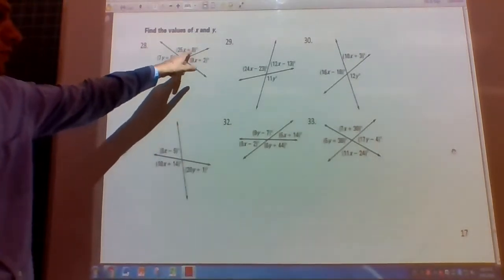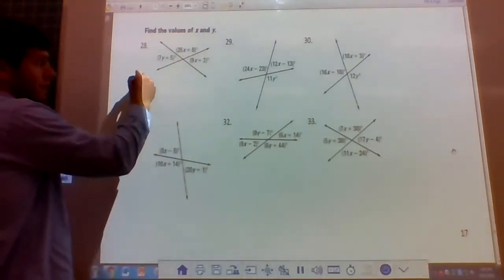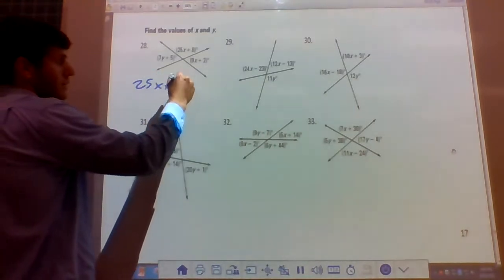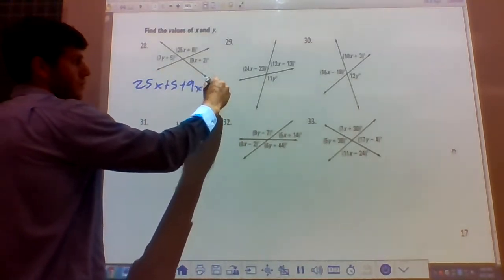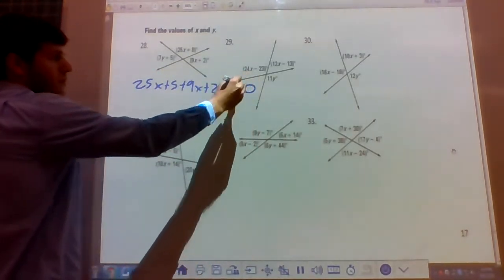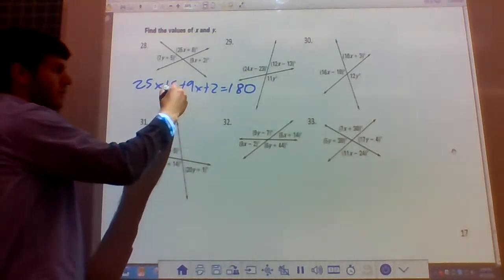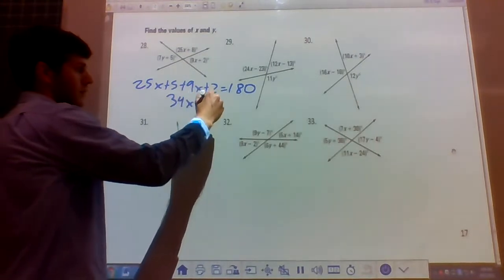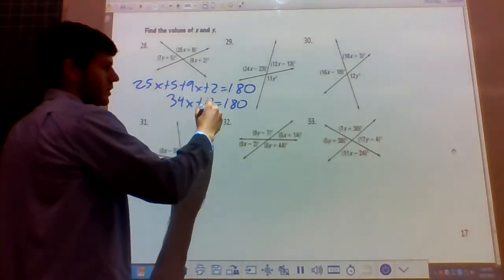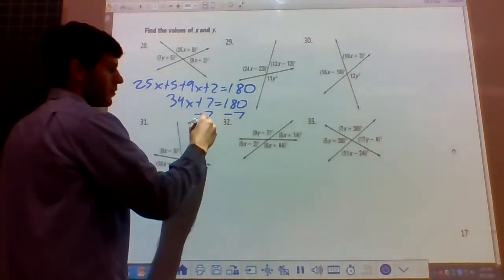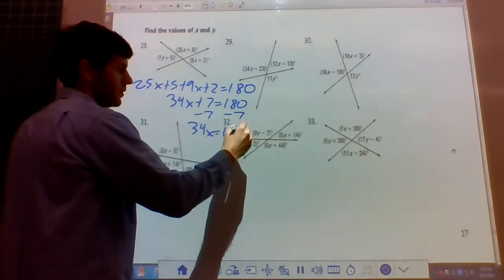So we can. These are a linear pair, so we can do 25x plus 8 plus 9x plus 2 equals 180. It's a linear pair. Linear pairs are supplementary. So we have 34x plus 7 is 180. We can subtract 7. We get 34x equals 173.